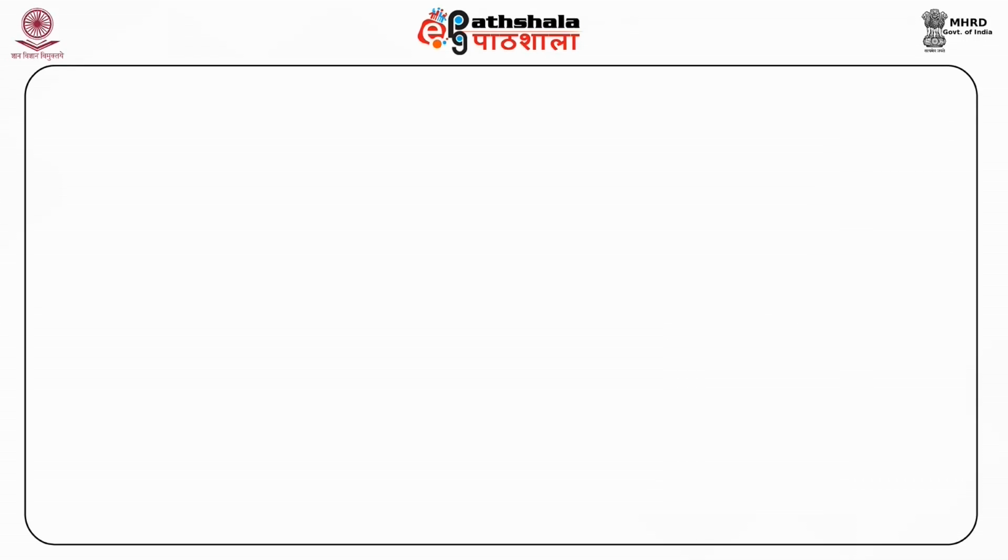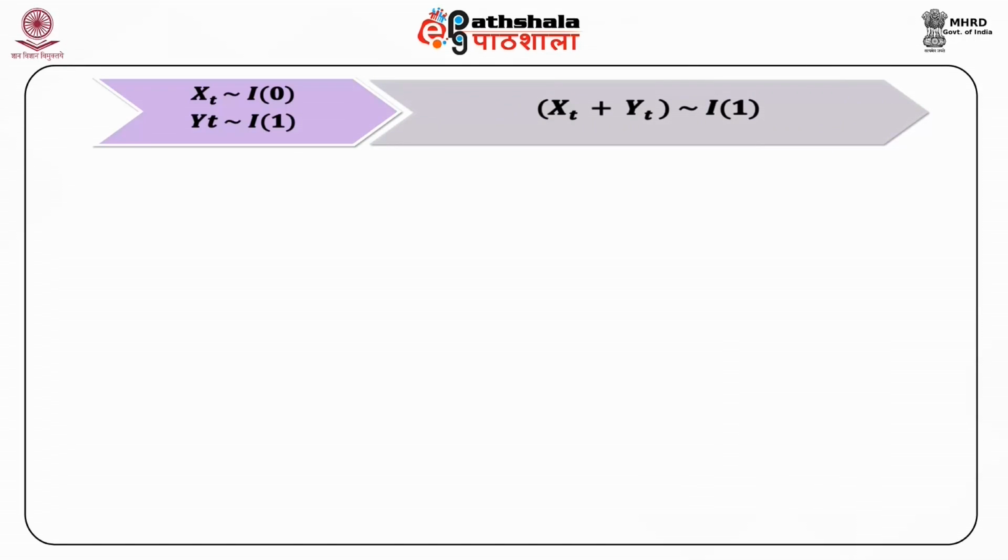First, if xt is integrated of order 0, that is, xt is approximately I(0), which is stationary, and yt is integrated of order 1, that is, yt is approximately I(1), which is non-stationary, then their sum will be integrated of order 1 and will be a non-stationary time series. That is, xt plus yt is approximately I(1).